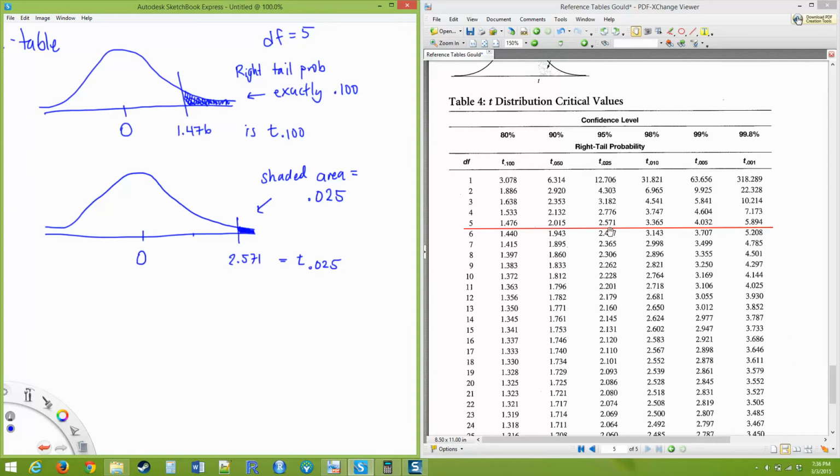If I go further away from 0, to 2.571, and I go to the top of the column, I have 0.025. Look at your reference table if you need to. The area in my tail is 0.025.